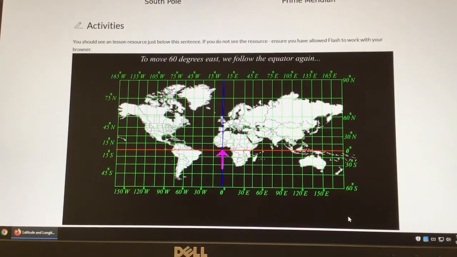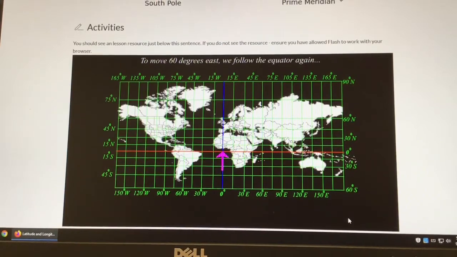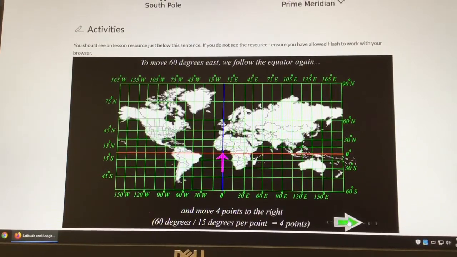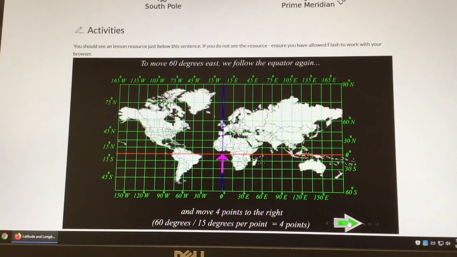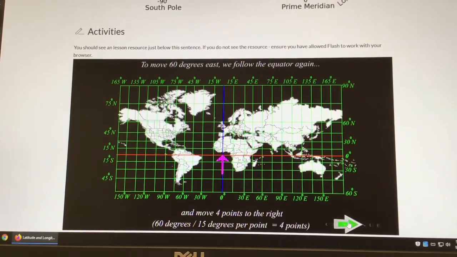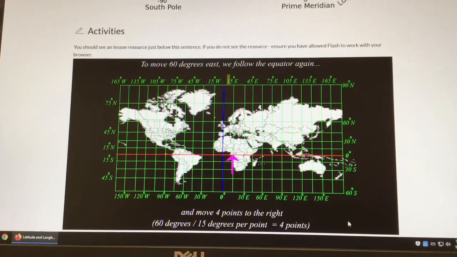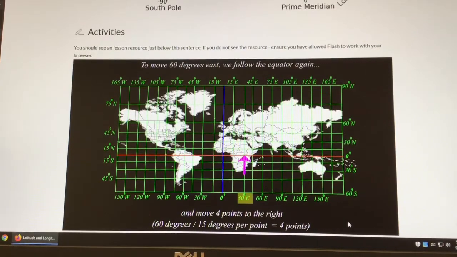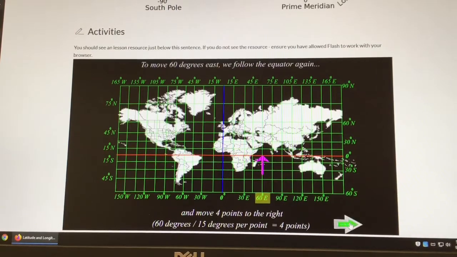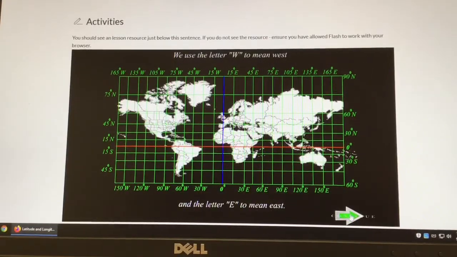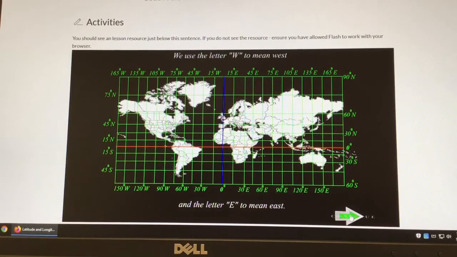To move 60 degrees east, we follow the equator again and move 4 points to the right. 60 degrees over 15 degrees per point equals 4 points. We use the letter W to mean west and the letter E to mean east.